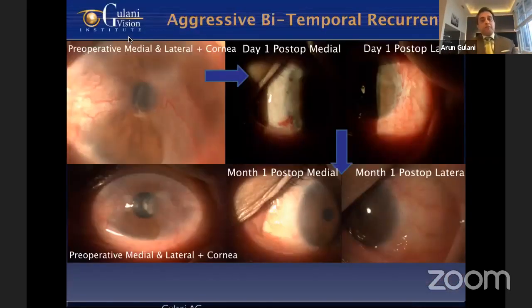Another patient, extremely aggressive, bitemporal, highly recurrent pterygium by the time she was sent to me, vision very poor. You see what we did here. Again, my plan is I want the cornea to be crystal clear, no cutting, please, no blades. You want to clear the entire fornix, restore the extraocular movements, increase the fornix sizing from the shortening, from the scarring. And in this case, I also fooled her conjunctiva by moving the upper lateral down and the lower portion out.